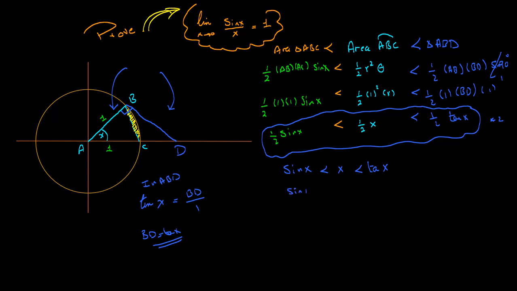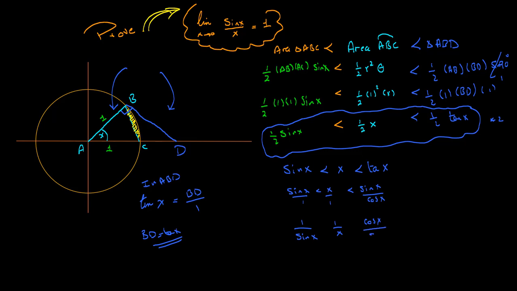So sine x is smaller than x, smaller than sine x over cosine x. Now let's take the reciprocal of this inequality, making every numerator a denominator and vice versa. So 1 over sine x, then 1 over x, and now cosine x over sine x.